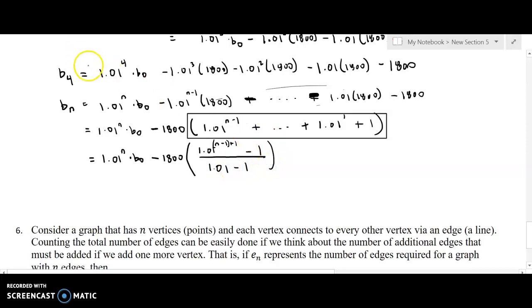Okay, so all I'm using is the geometric series formula given to us in this video. So this will be 1.01 to the nth times b naught minus 1800, and I'll just condense this down a little bit. So 1.01 to the n minus 1 plus 1 is just 1.01 to the nth minus 1 over 0.01.